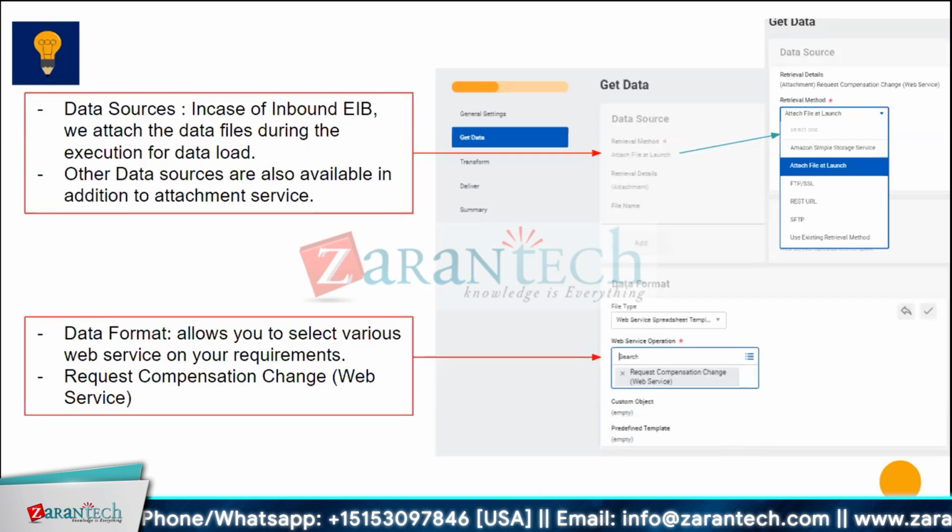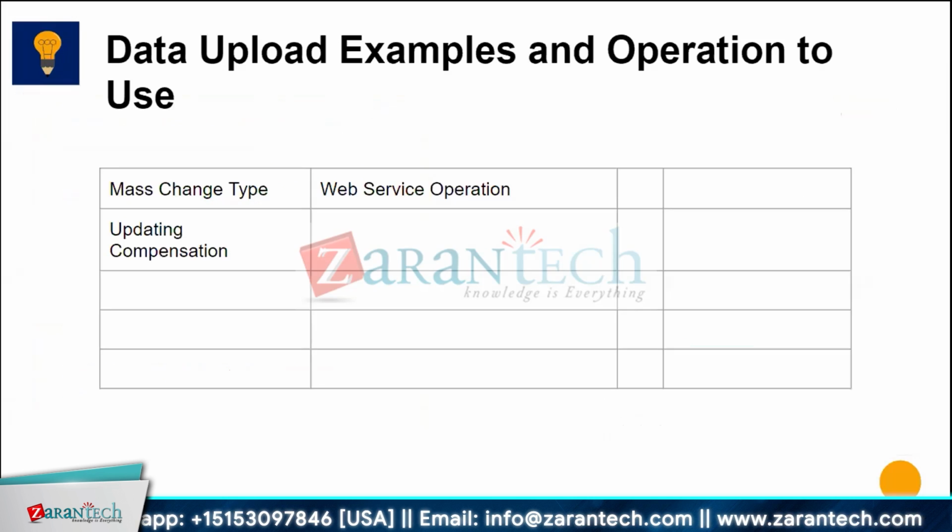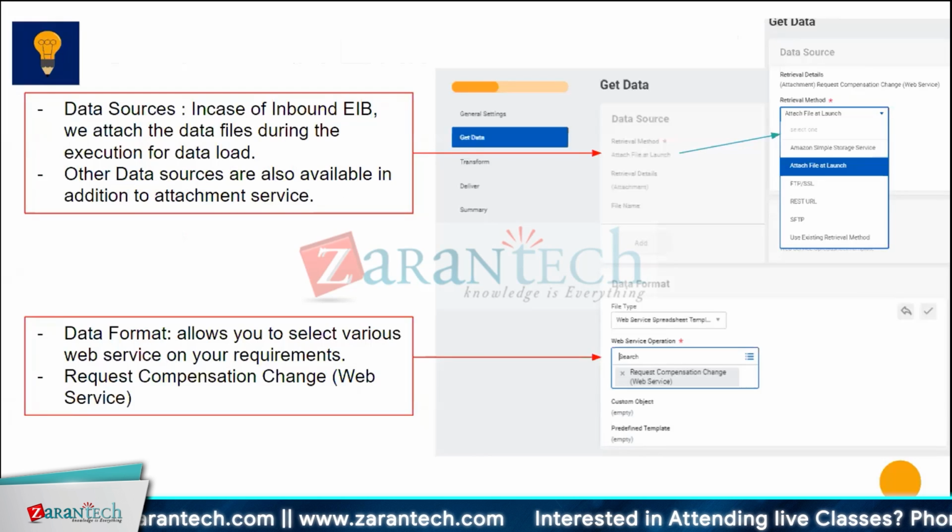For example, in case of compensation change, we call it request compensation change. Let's try to create one simple EIB for uploading the request compensation change and see how it works.